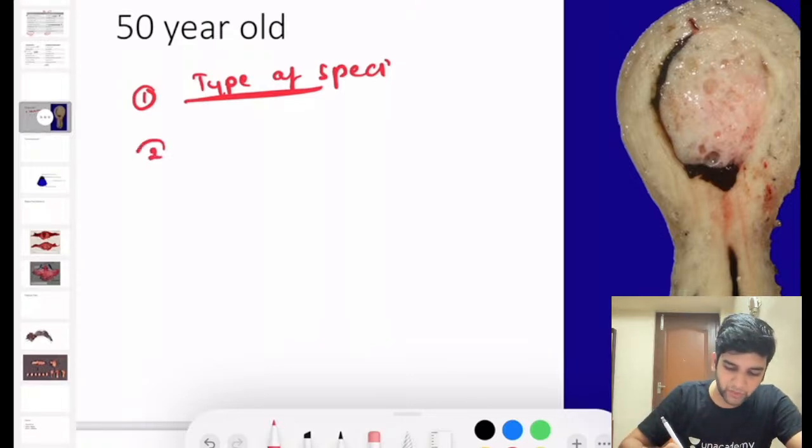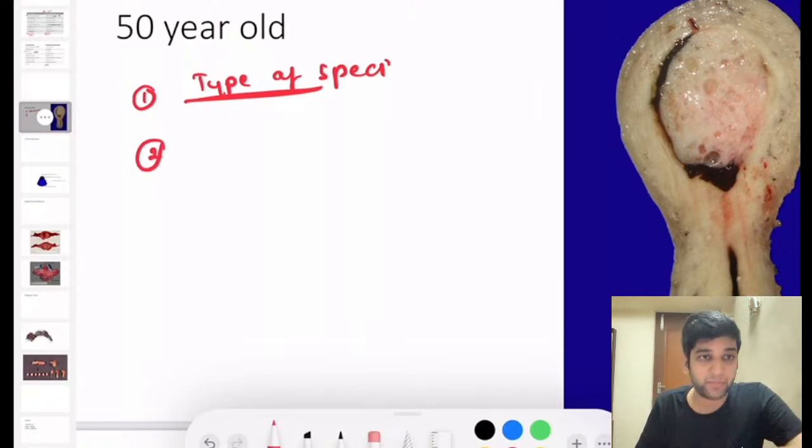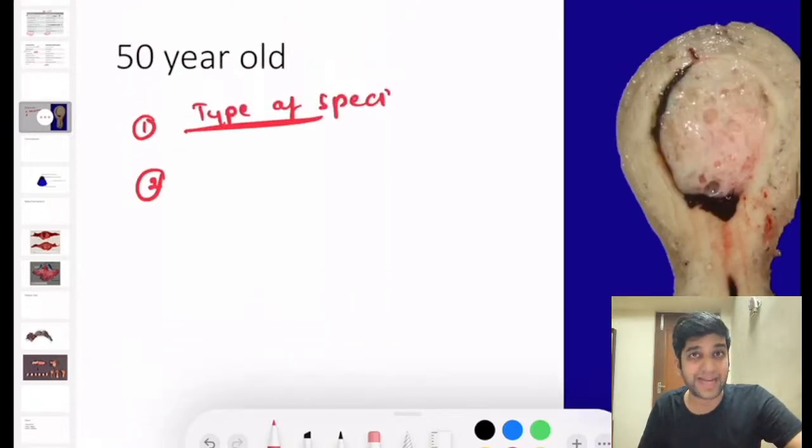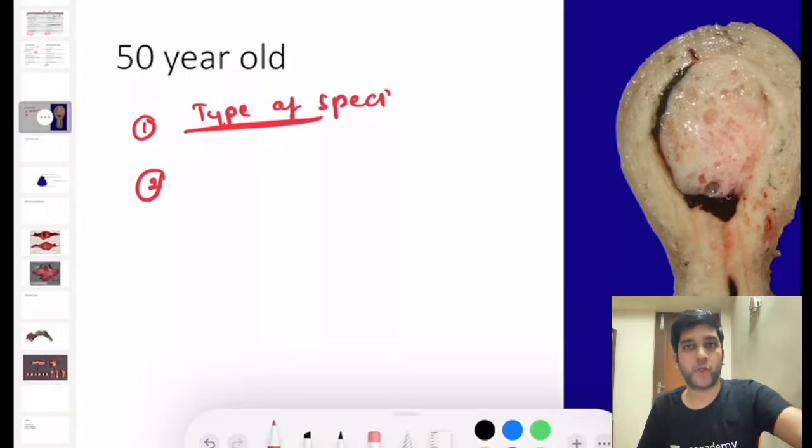So second is, on the cut surface, like Manpreet said, the starting point would be the endometrial cavity. It's distended by a polypoidal lesion growing from the wall of the endometrium. That will be a better description here. If you want, you can add cervix later on. I would prefer that whatever part is not normal, start with that, then go to cervix.